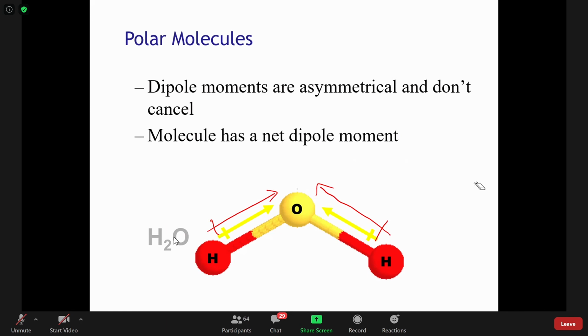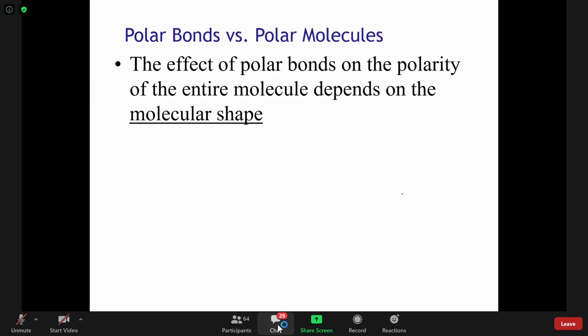Make sense? This is the overall dipole moment for water. So we have to think of the molecular shape if we're going to understand the relationship between polar bonds, polar molecules, polar bonds, nonpolar molecules.